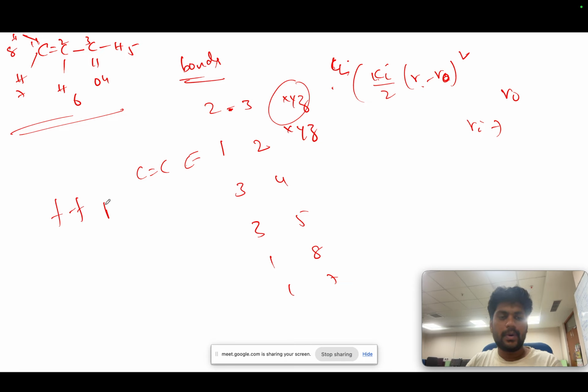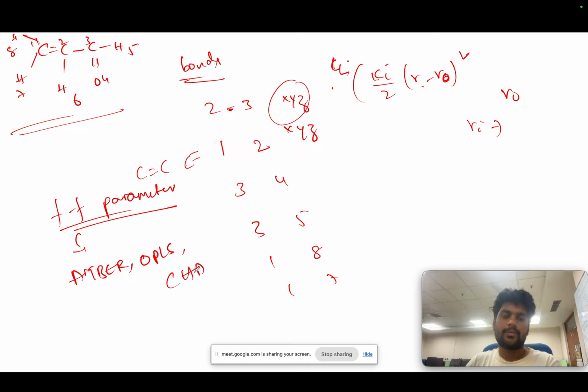And in the force field parameter, we have different software: Amber, OPLS, and CHARMM. What is the use of this? Suppose there are 3 people who have done 3 different experiments, and we need to understand this from the literature.